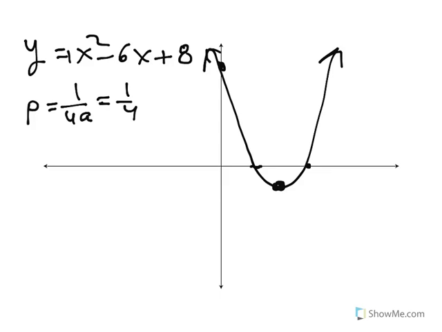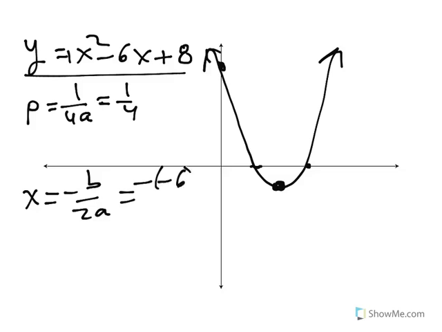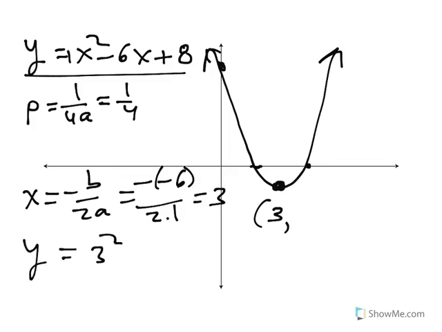Now, as far as the vertex goes, we can find the vertex of a parabola that's in this form by doing x equals -b over 2a, which in this case is -6 over 2 times 1, which is 3. So this x-coordinate is 3. If you plug 3 in for x, you get -1. So 3, -1 is the vertex.